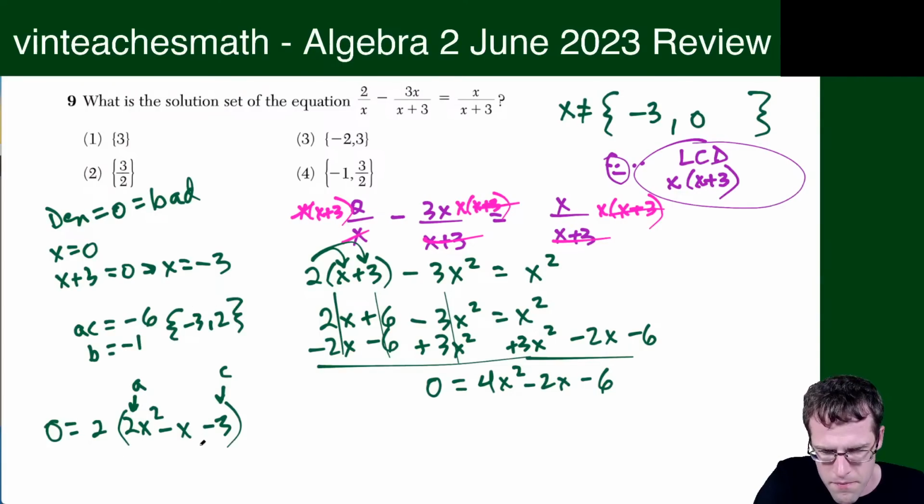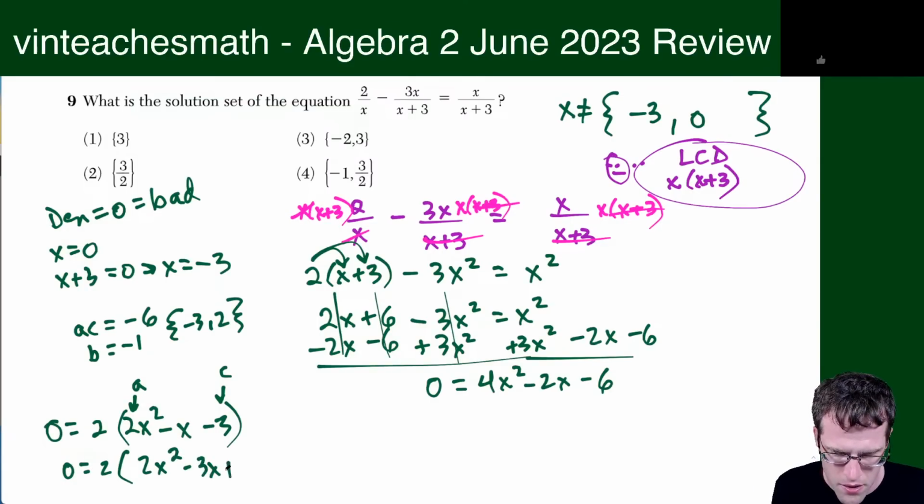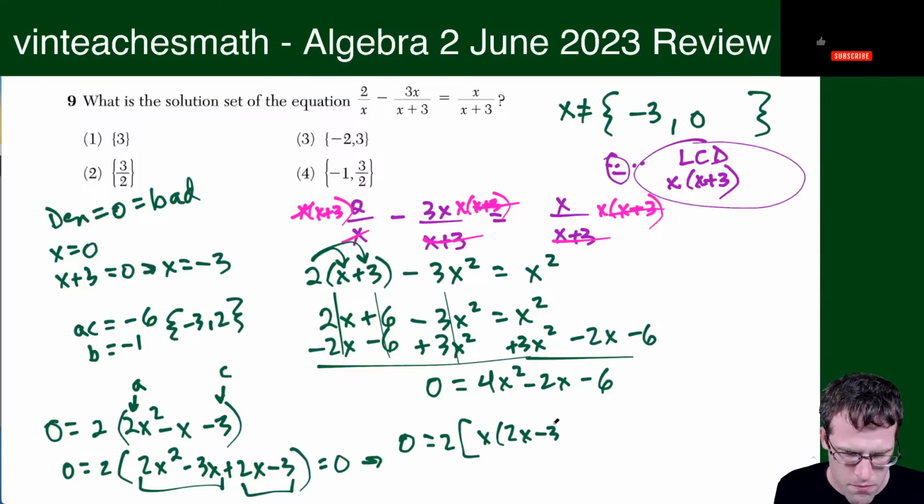So then I break this up. So 0 equals 2 times, we've got 2x squared, let's fix that, minus 3x plus 2x minus 3, and this equals 0. So now just factor by grouping. And the 2 I could just start to ignore now. Like just think of it as, this doesn't give me anything, but whatever, I'll keep writing it. And that's going to give me, take out an x, and I got 2x minus 3.